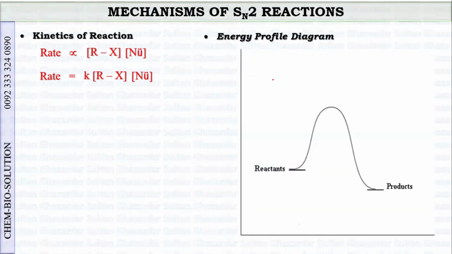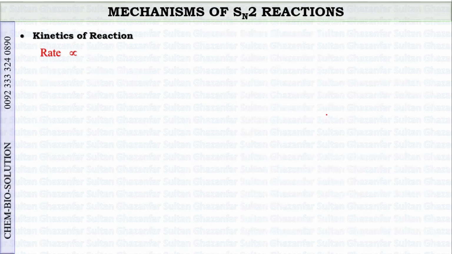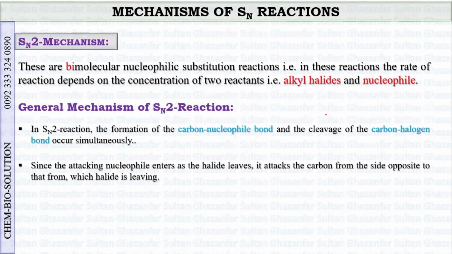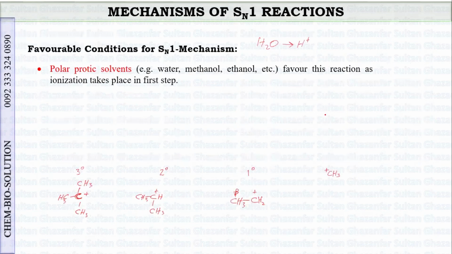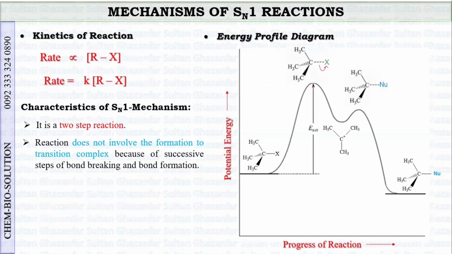Now see the energy profile diagram. There is no intermediate, so there is only one hump. While previously you have seen in the SN1 mechanism, there were two humps, with two transition states when the bond was broken and when the bond was formed.